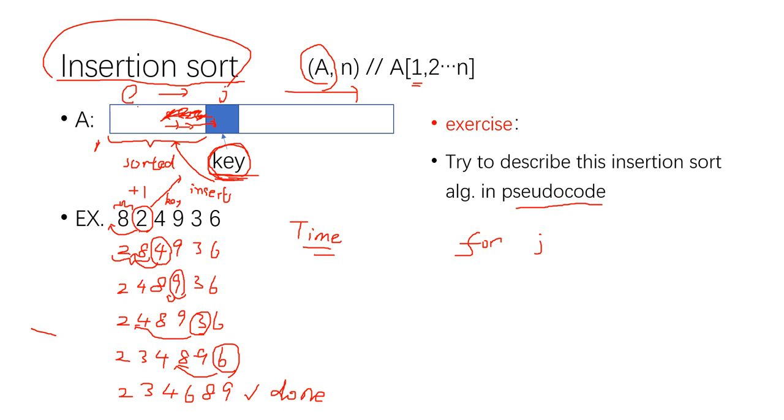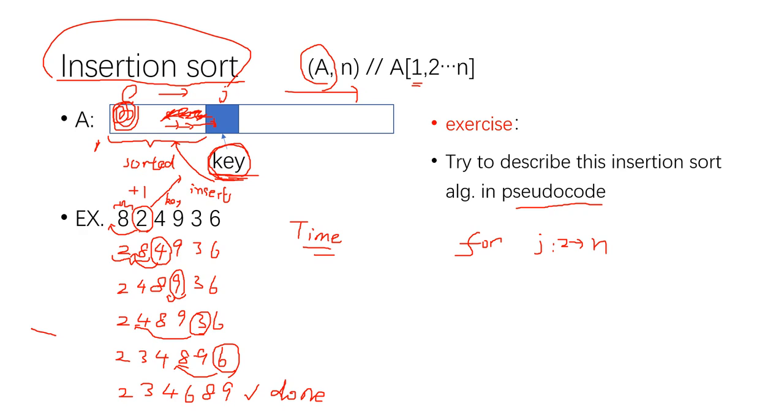Actually, the first one you don't need to consider, like in the example, the 8. You don't need to consider 8, because nothing is before it. So actually we start from 2. So J is from 2 to the end. That is the outer layer of the loop, right?